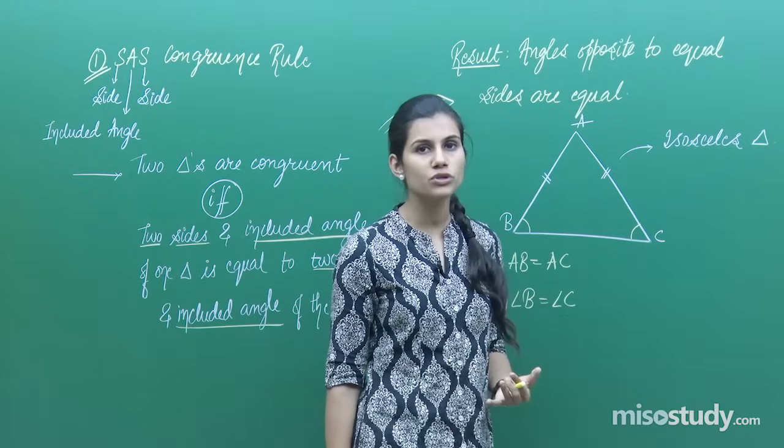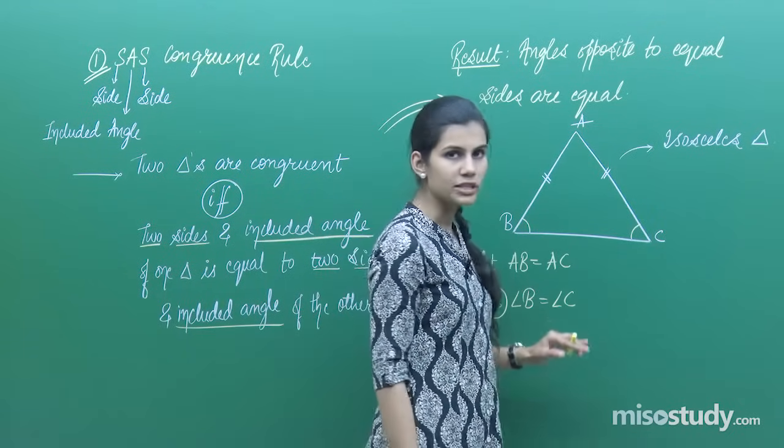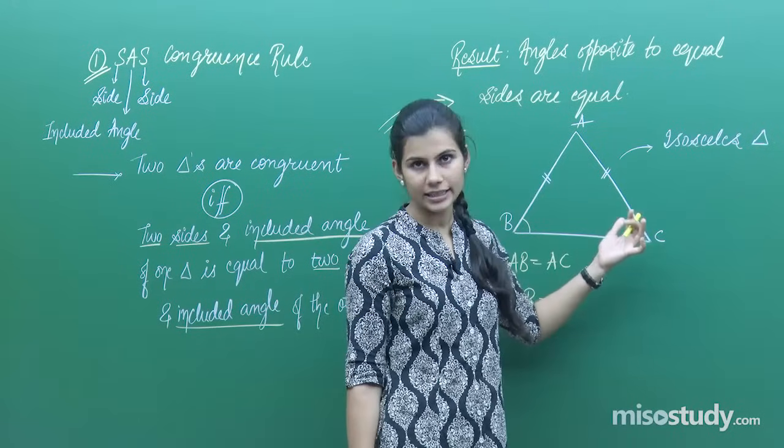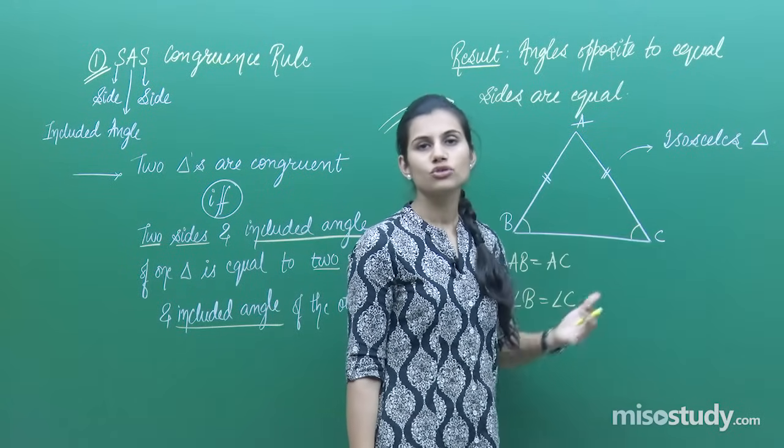So how can I say SAS congruence rule will be used over here in order to prove these two angles are equal? I somehow construct a particular line in here to develop two triangles.